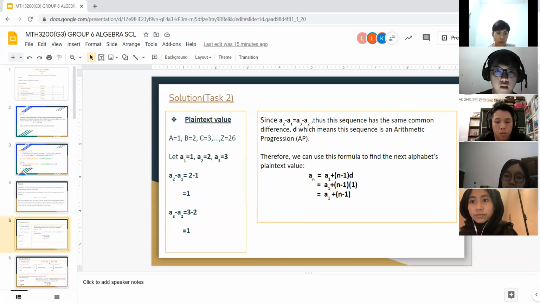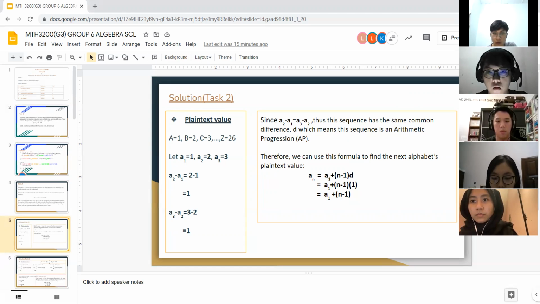First, to find the plain text value for the rest of the alphabets, we let A1 equal 1, A2 equal 2, A3 equal 3. So we find the difference between A2 and A1, which equals 1, and A3 minus A2 equals 3 minus 2 equals 1.